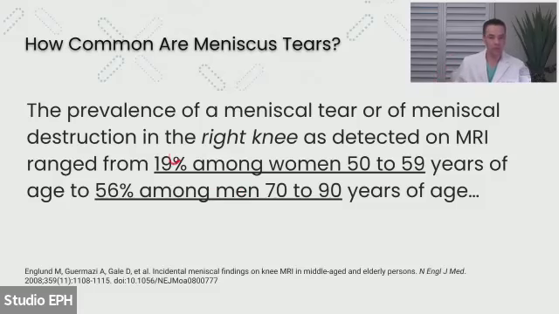It goes from 1 in 5 in females aged 50 to 59, on the low end of the prevalence, to over half, 56%, of men aged 70 to 90 having a meniscus tear. And that was just in the right leg. Imagine if you said, we're going to scan your right and your left leg.